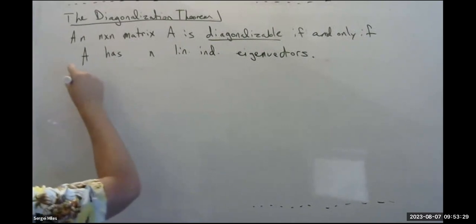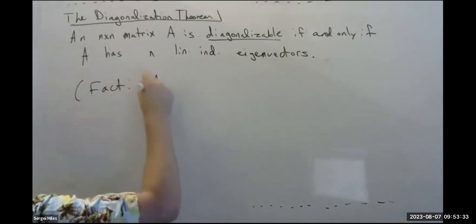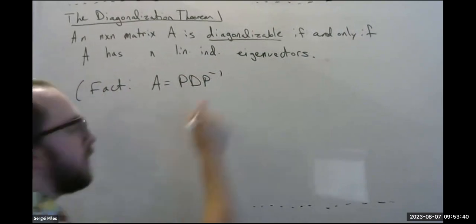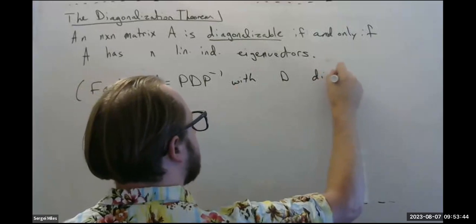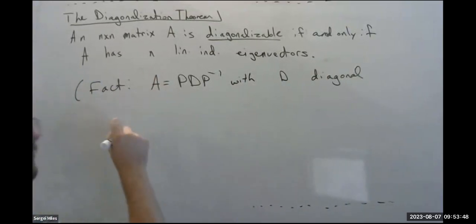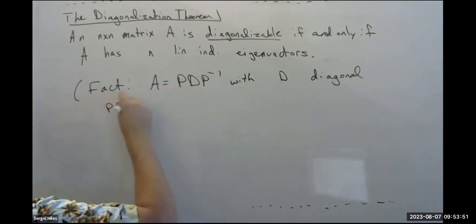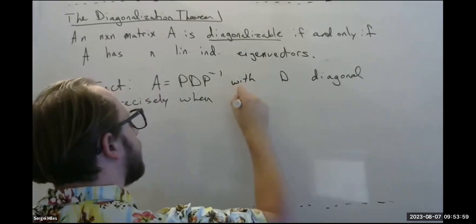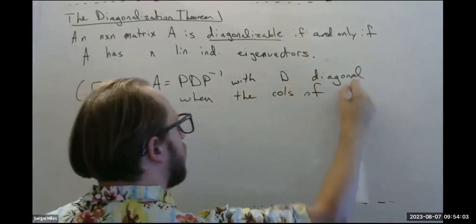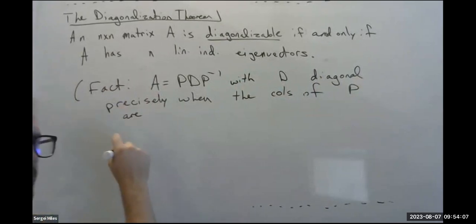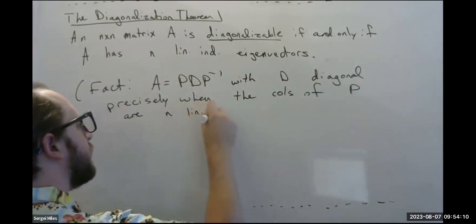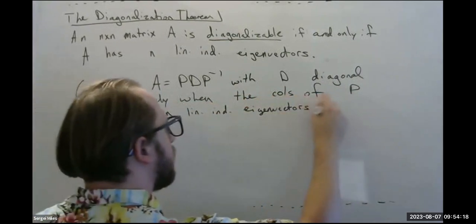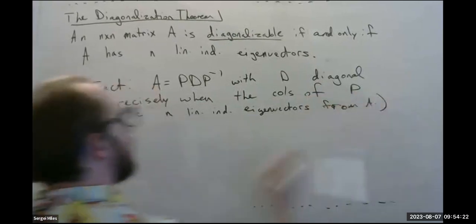In fact, A equals PDP inverse. This is its diagonalization, with D diagonal, precisely when the columns of P are n linearly independent eigenvectors from the matrix A. Right?